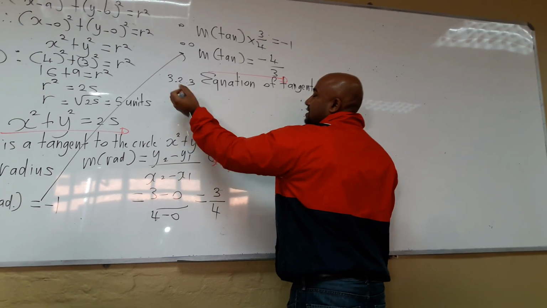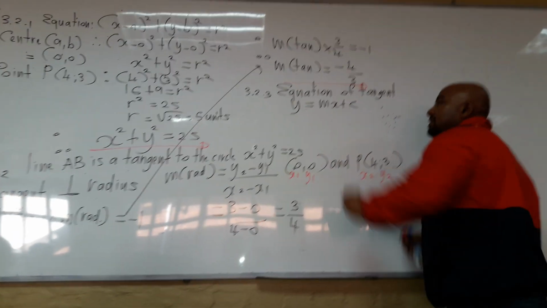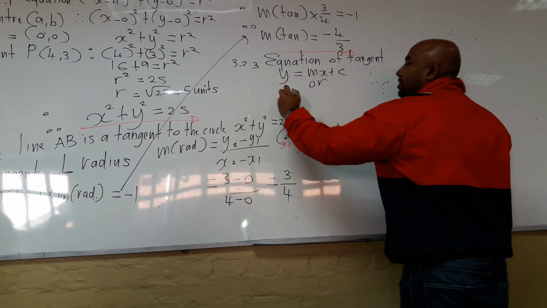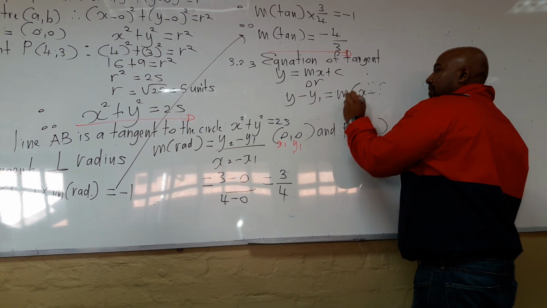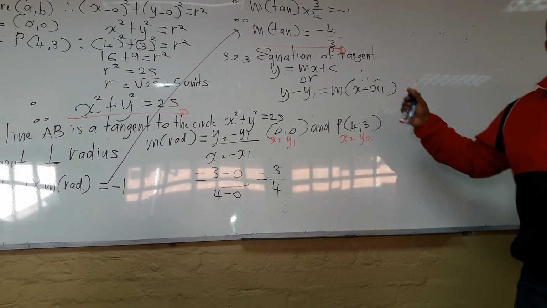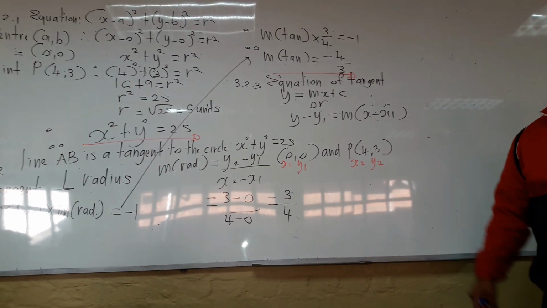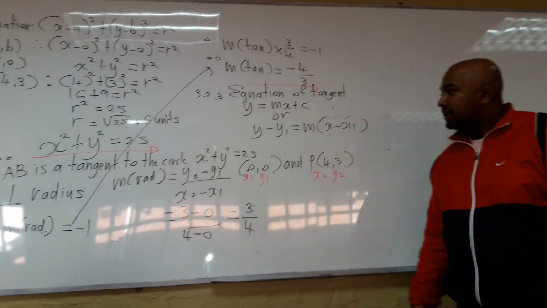You could use y is equal to mx plus c, that is a standard form, or you could use y minus y1 is equal to m multiplied by x minus x1. This is the point gradient form. It's up to you. You can use any one of the two, but your final answer you will write in standard form.